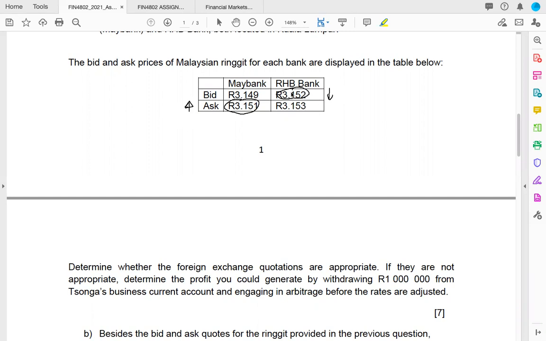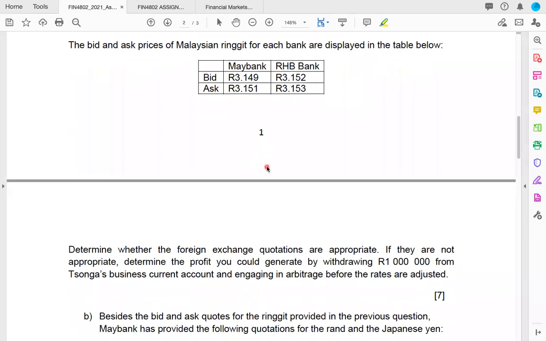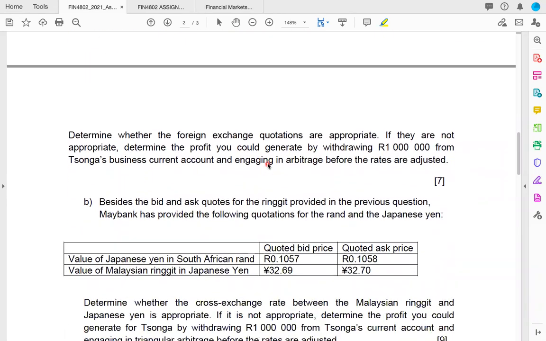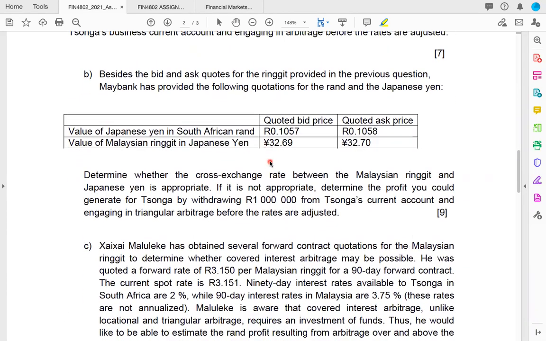So eventually, this bid price for RHB Bank will go down to maybe around 3.149 to try to match the market rates. And then this one will also go up maybe eventually to 3.153. But any benefits associated with the locational arbitrage will soon disappear due to market participants driving rates up or down due to demand and supply.